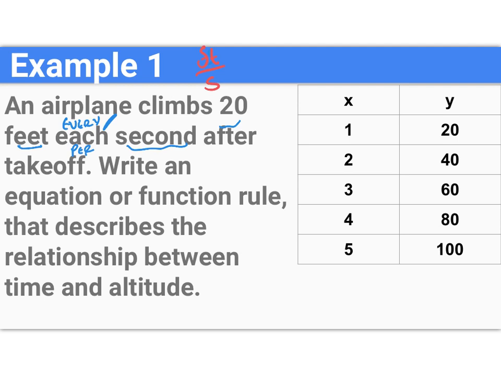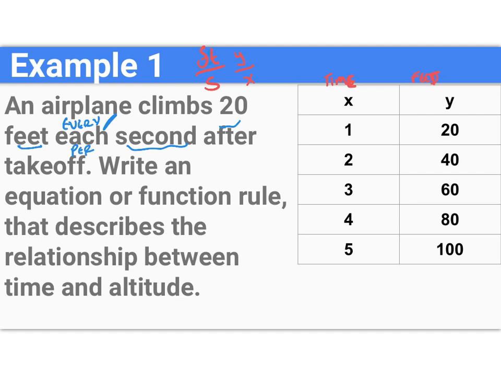This means that feet will be the y and x will be seconds. So your domain will be time, your independent variable, your input, and your output will be feet, your dependent variable, your range. So we're dealing with time and feet, and we're looking for the change.